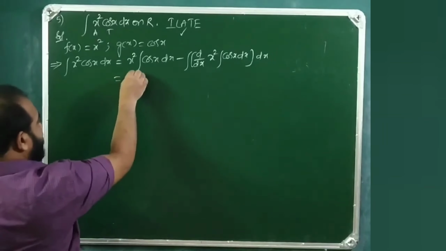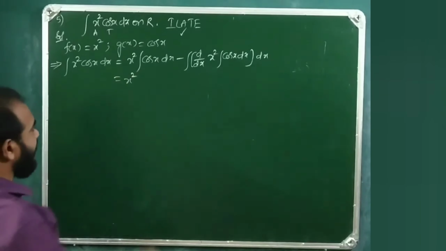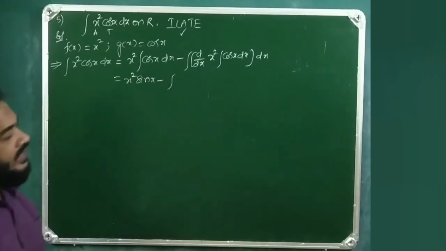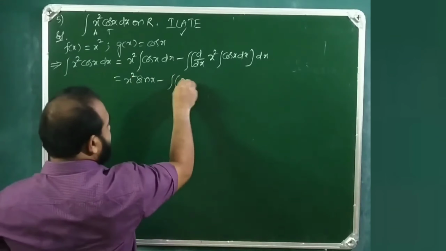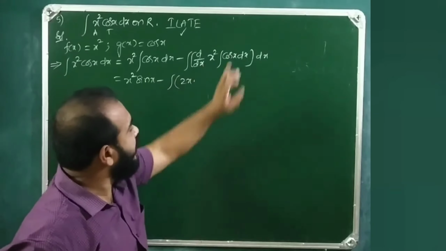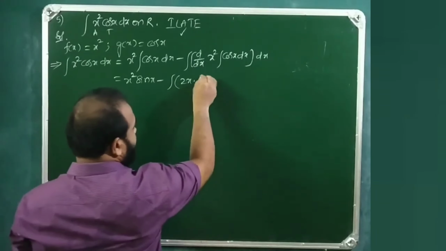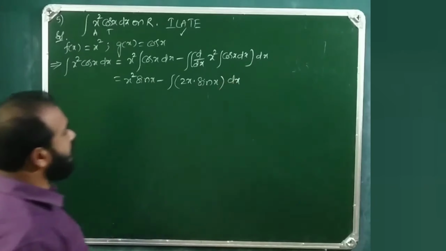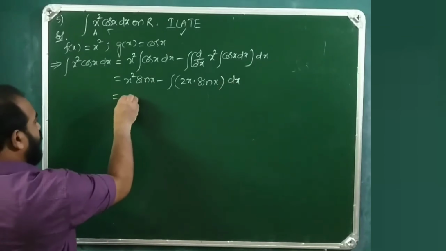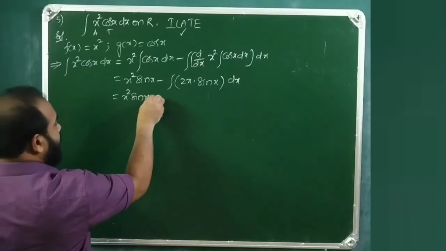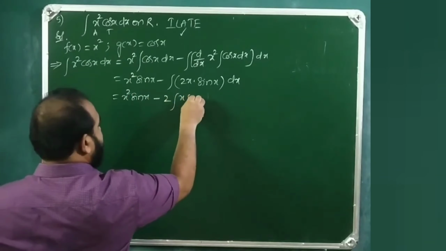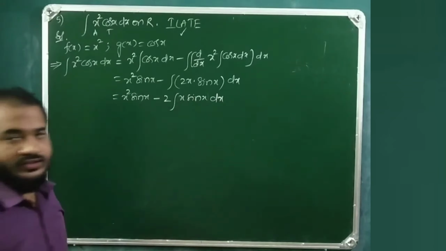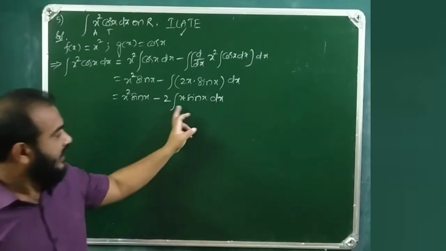This is equal to x square, integral cos x dx is sin x, minus d by dx of x square is 2x, integral cos x dx is sin x, whole dx. So this is equal to x square sin x minus 2 into integral x sin x dx. Again, a product of two functions has arisen.